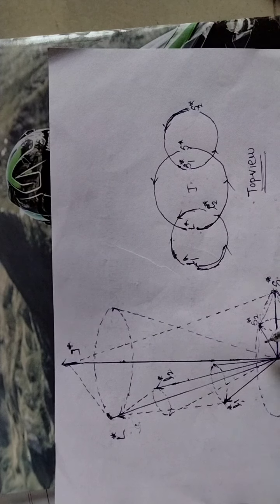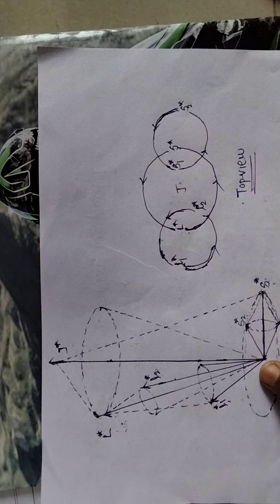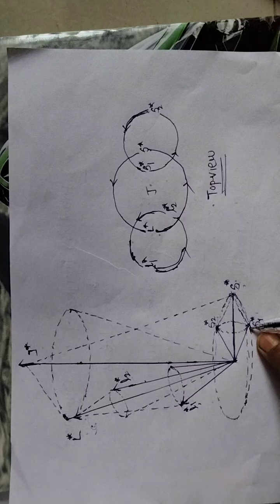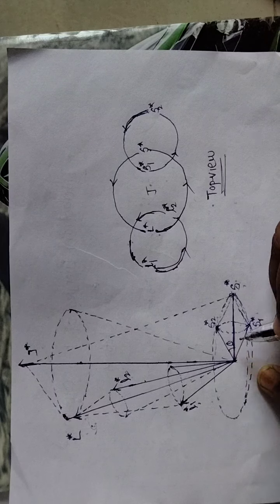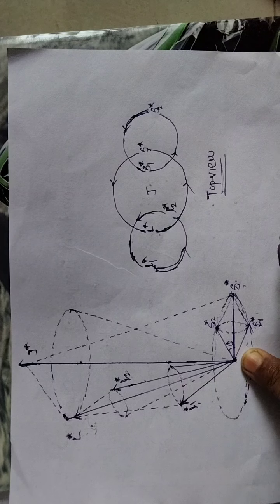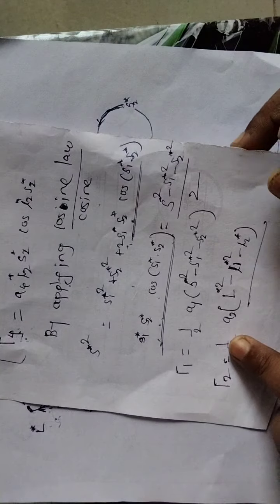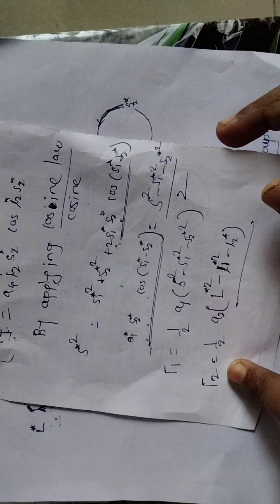Here in this figure, while interacting with each other, these vectors make an angle theta, and this will be a cosine angle. So we have taken the cosine law and calculated the terms of lambda 1 and lambda 2.